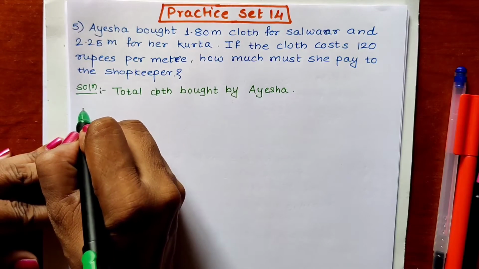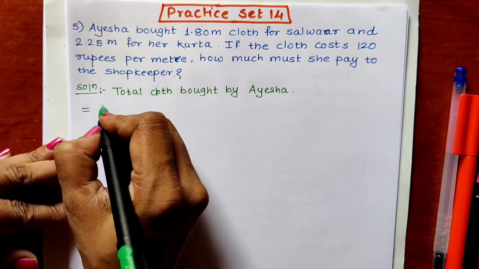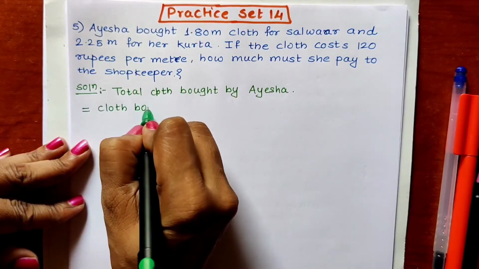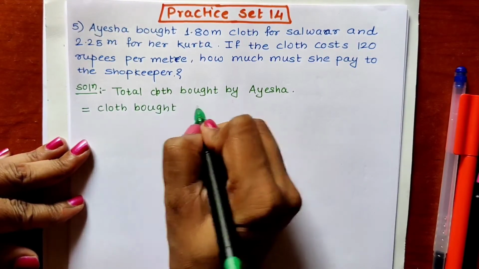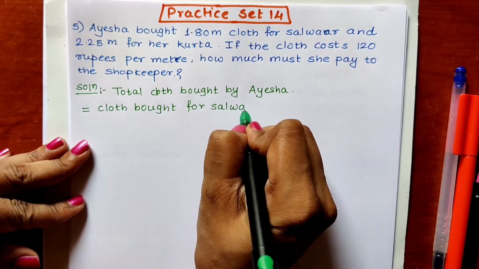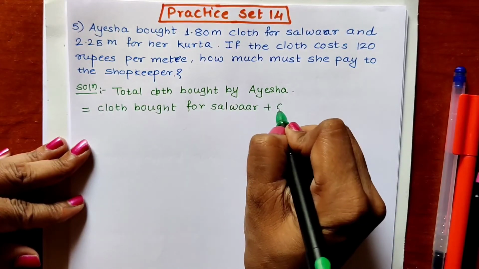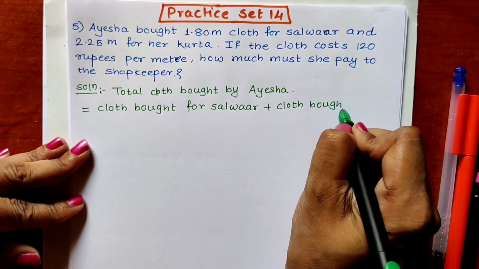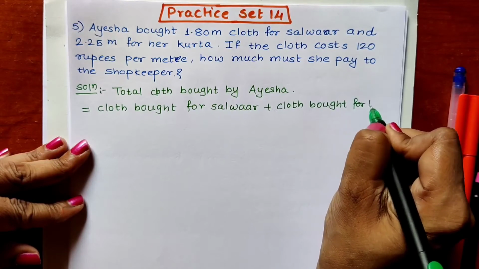So let us write is equal to cloth bought for salwar plus cloth bought for kurta.